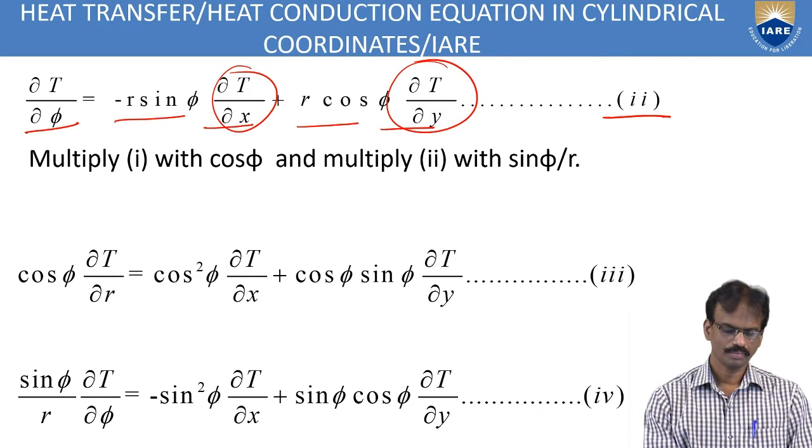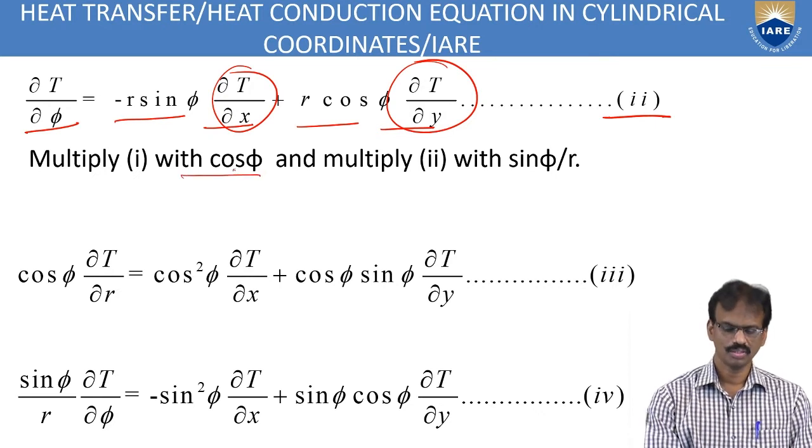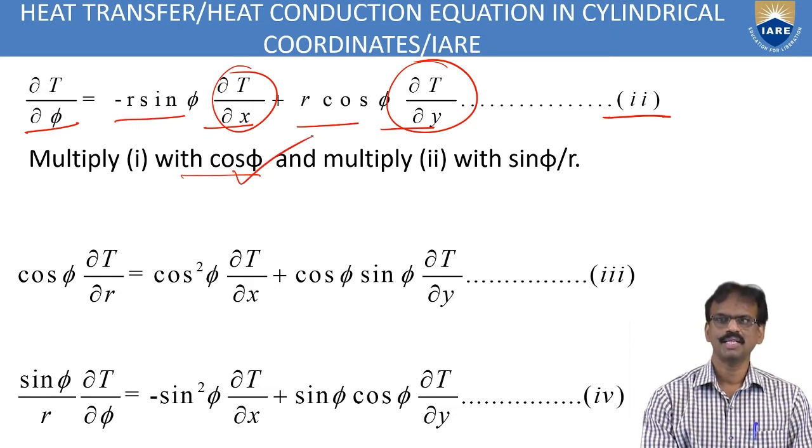Okay. First of all, multiply equation 1 by cos phi, and multiply equation 2 by sin phi by r.